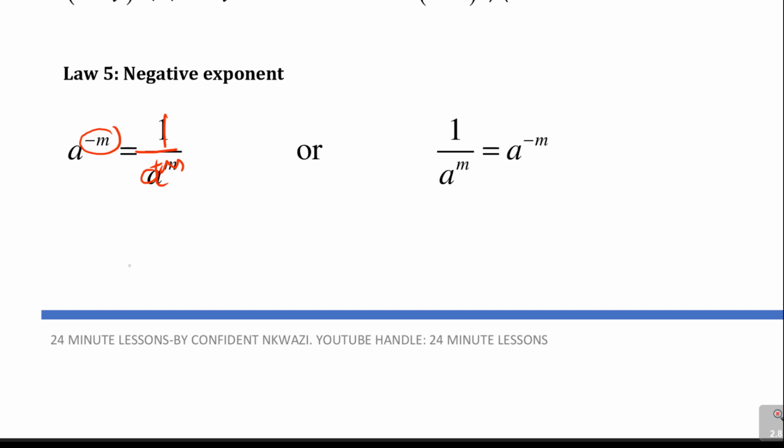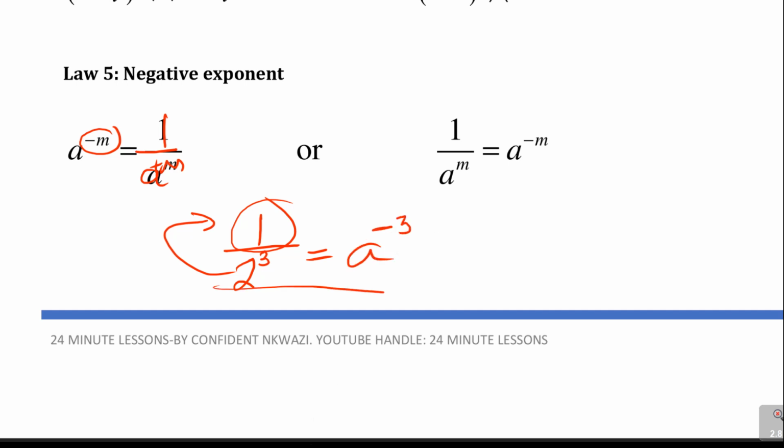For example, 2 to the power negative 3: if I want to remove that negative 3, I'll say 1 over 2 to the power 3, without a negative. Are you seeing that? Or if I give you 2 to the power 3 and say take this to the top, meaning the division sign goes, it is a to the power negative, then you put that 3.